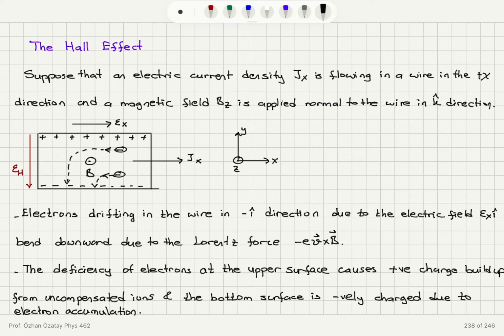So we will see that the electrons will start accumulating at the bottom, and on the other side of the wire we will have positive charge buildup, because there will be uncompensated ions that are being left without the compensation of the conduction electrons.